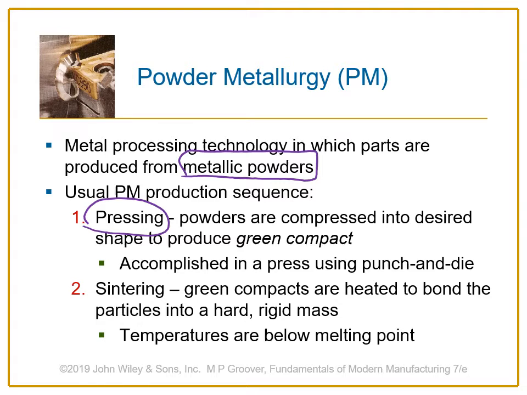The heat treatment is called sintering, which is performed at a temperature below the melting point, and that is the main difference between the particulate processing and the solidification processing. Here we are working with a temperature that is below the melting point.